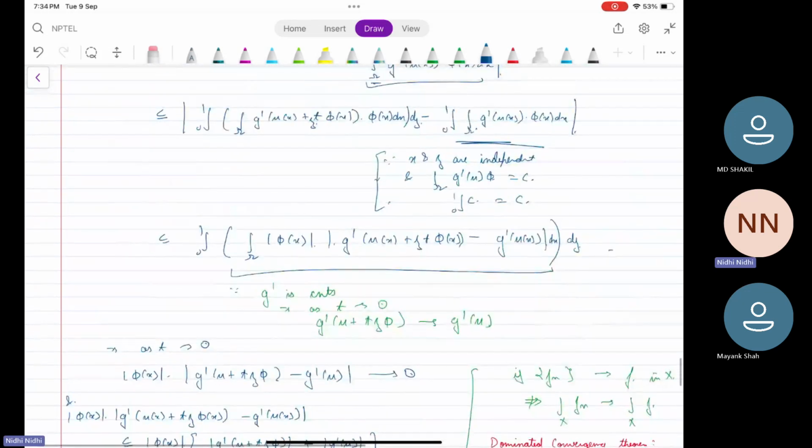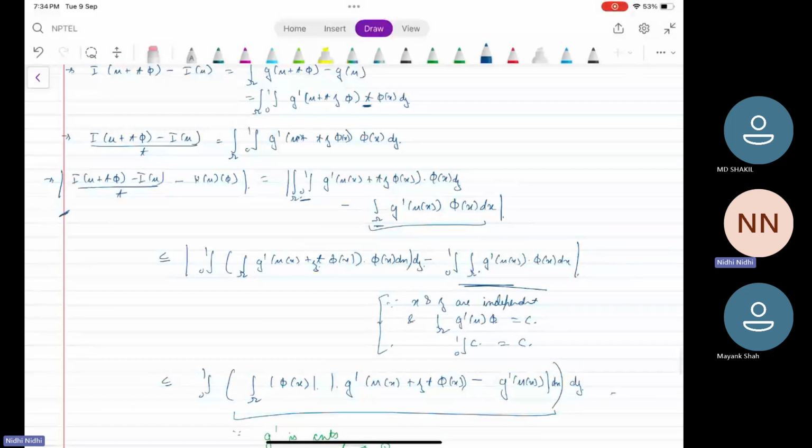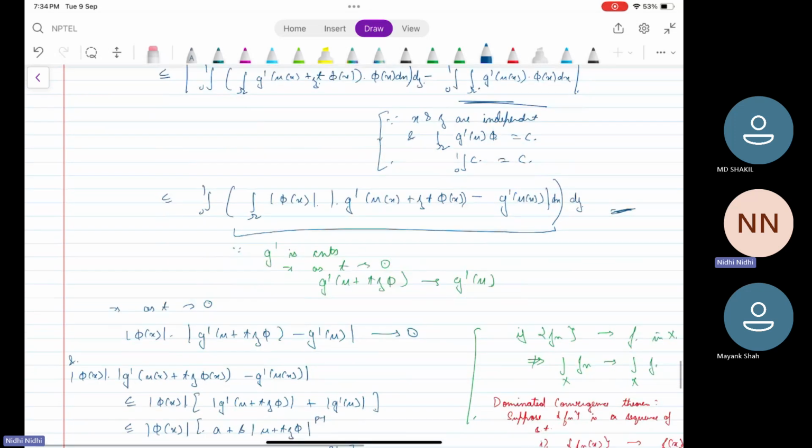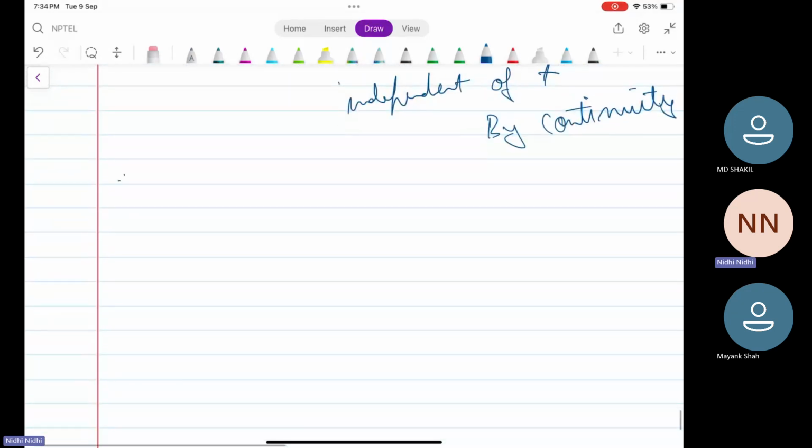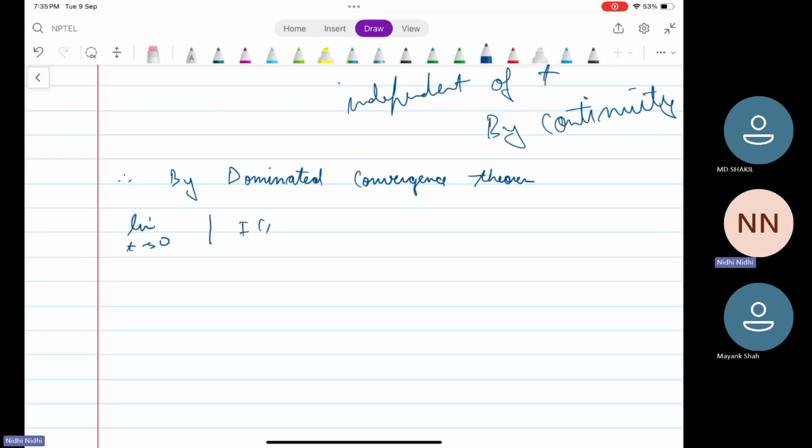Now this tending to 0 will imply that this will also tend to 0, by the sandwich theorem, because this modulus will be less than or equal to, in between the positive and negative of this term, and since this is converging to 0, therefore by dominated convergence theorem, we'll get limit t tending to 0 of the norm of (I(u + tφ) − I(u))/t − K(u)φ will converge to 0.